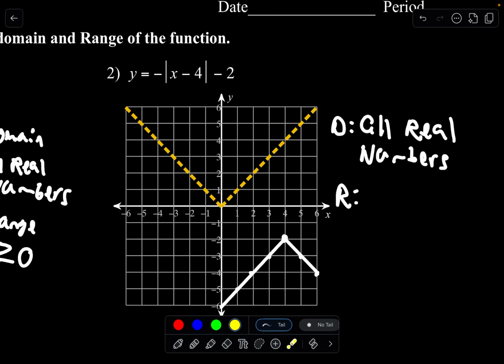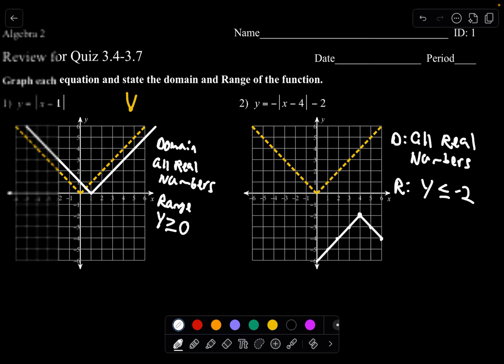Notice, if we go up, we see, hey, the graph is all down here. So let's go from the top down. We see the graph begins right here at -2. Not only that, the graph is then below -2. So that means the range is going to be all y less than or equal to -2. All right? And there you go.